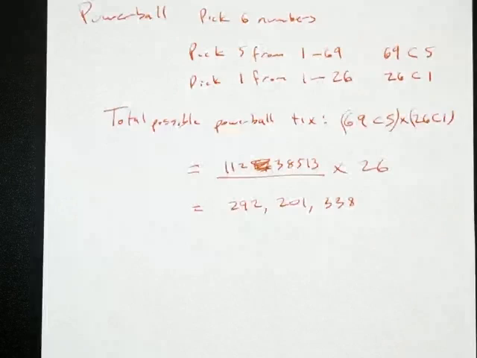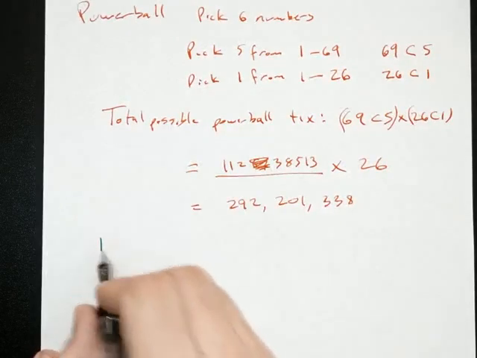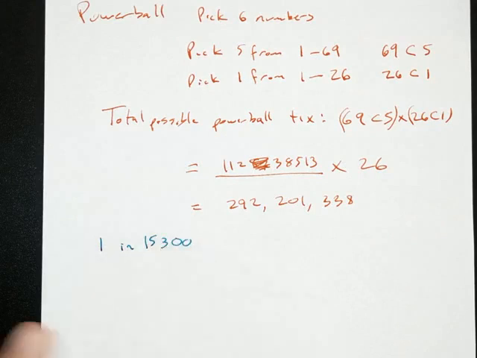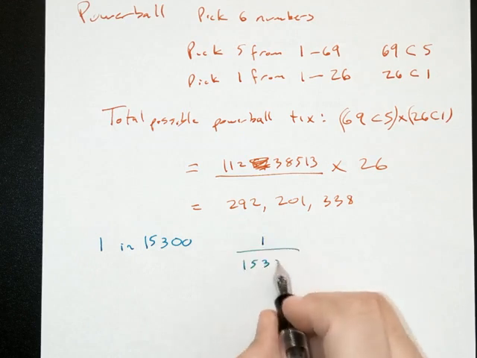The chance of getting struck by lightning sometime in your life is 1 in 15,300. Anywhere in the country, somebody. The chance of getting struck by lightning is 1 in 15,300.